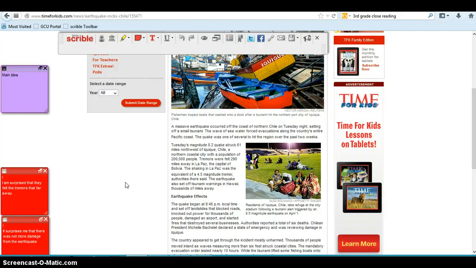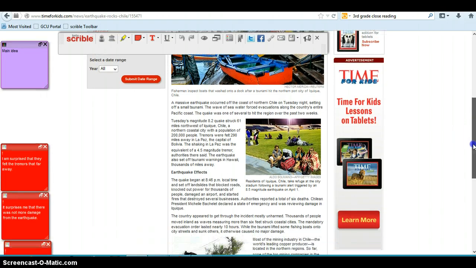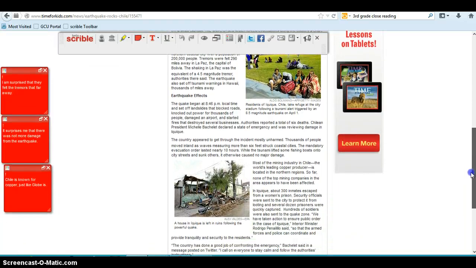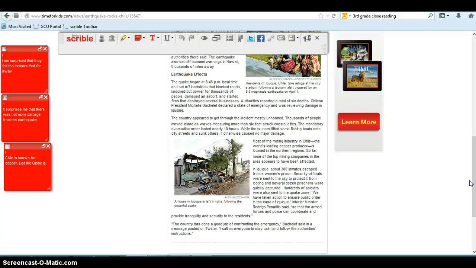Now I'm ready to look for a question that I have. So as I was reading, what was something that I wondered? As I was reading, I noticed that 300 inmates escaped from a women's prison.